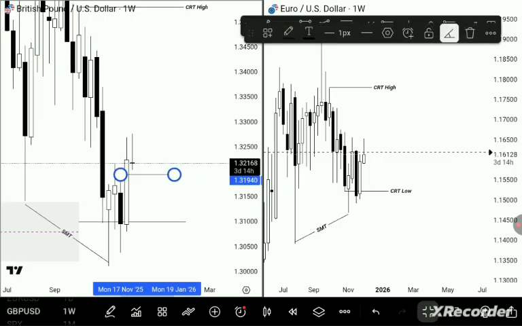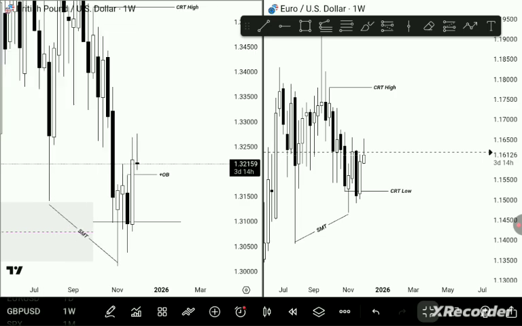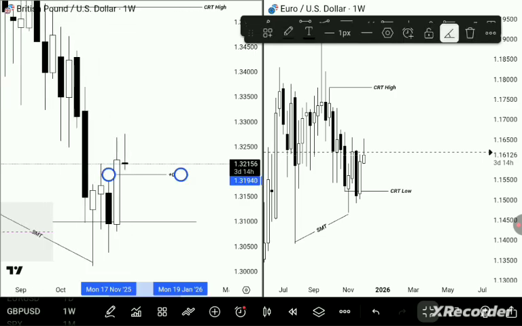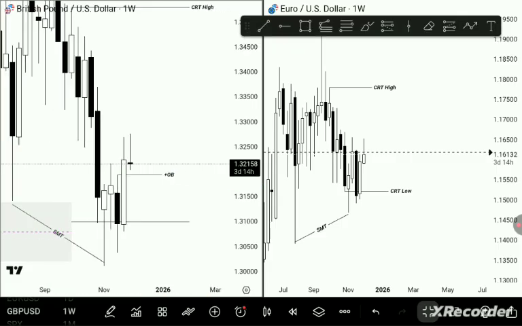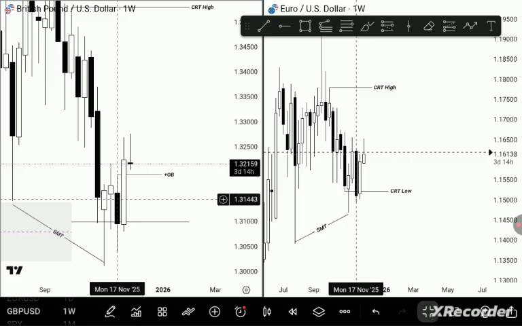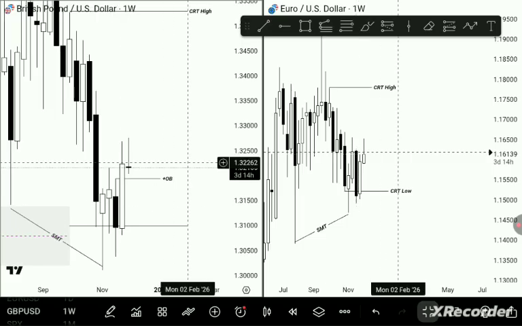Newly engulfed candle acting as an order block, right? So if I'm to expect bullish prices, then price should respect this order block, right, to create higher prices.